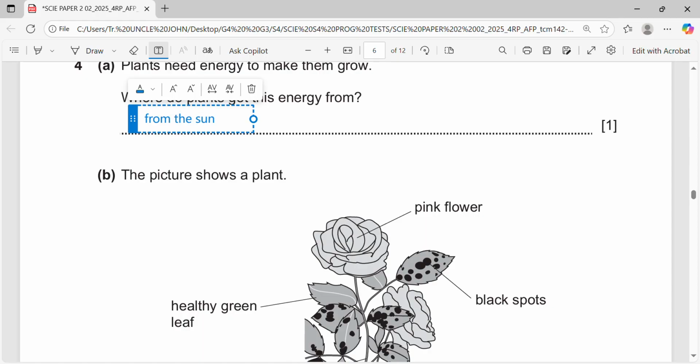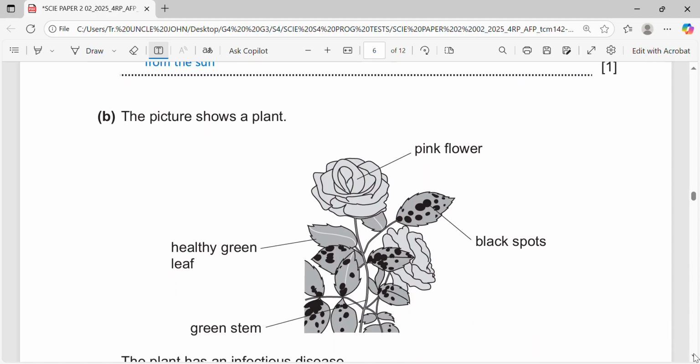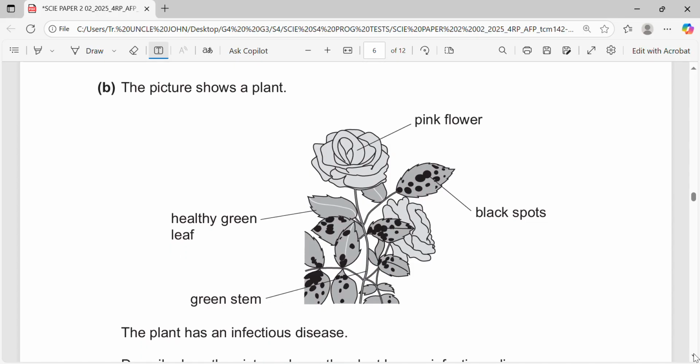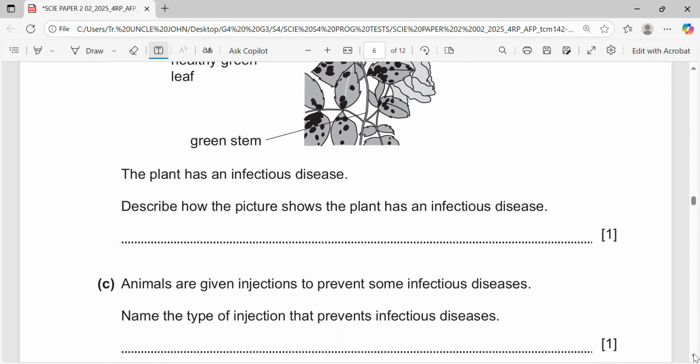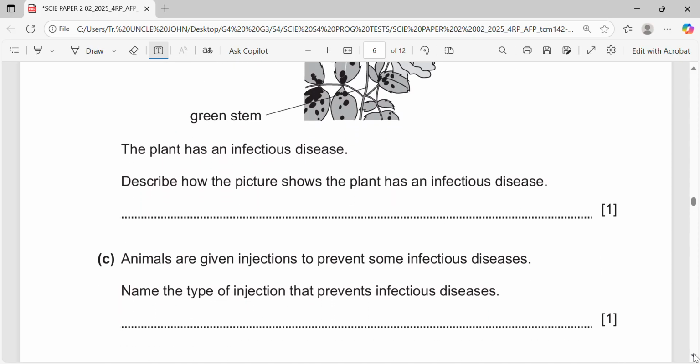Then B is, the picture shows a plant. You can see it. Pink flower, healthy green leaf, black spots, green stem. The plant has an infectious disease.